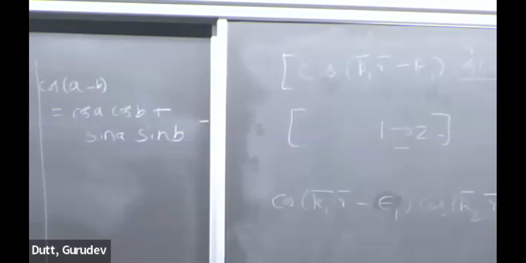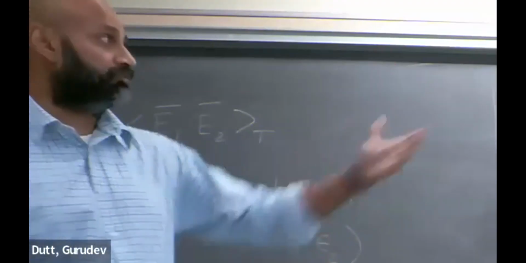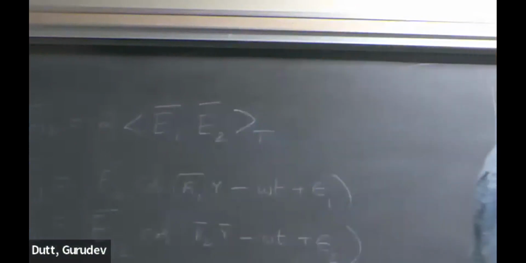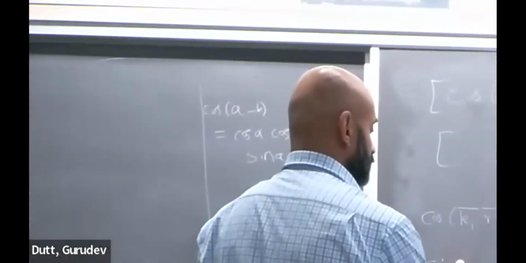How I got here? This is one of the terms when I expand out; there'll be 4 such terms. So there'll be cos k1 dot r times its equivalent, and then I can also write the sine terms.